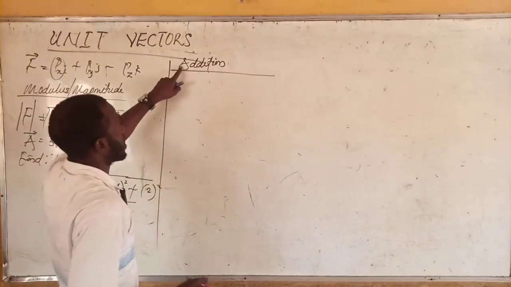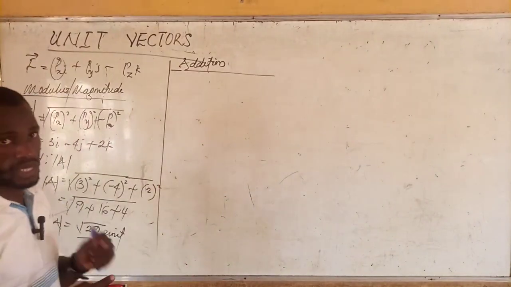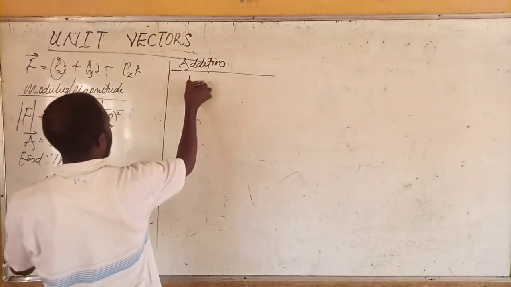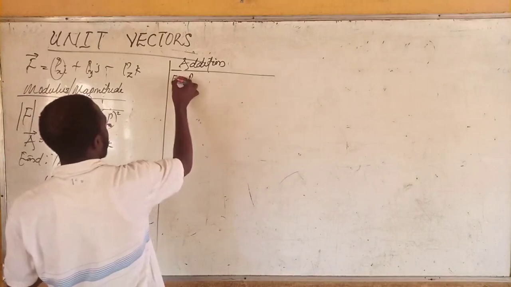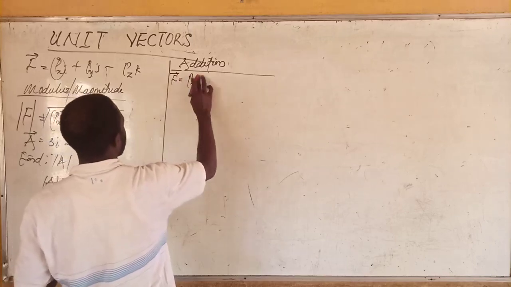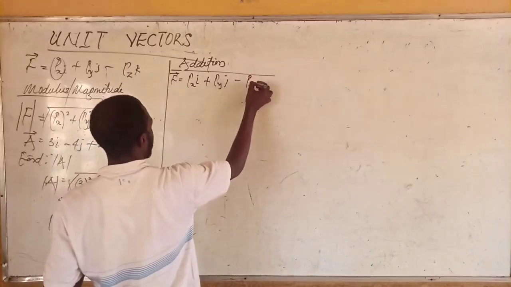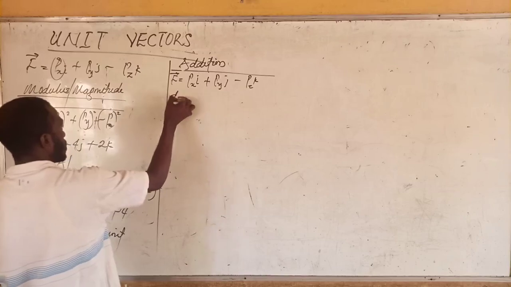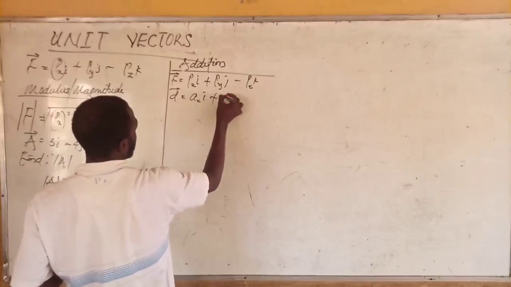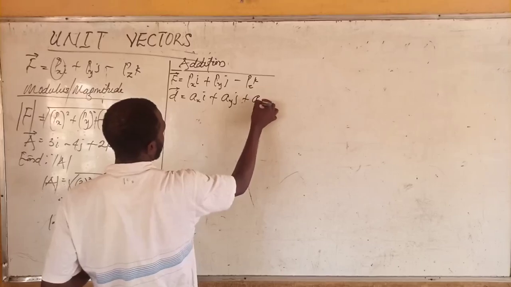So to do vectorial addition, it's very simple. All you have to do is add entities that are similar together. So for example, I have my force to be p sub x i plus p sub y j minus p sub z k, and I had d to be a sub x i plus a sub y j plus a sub z k.